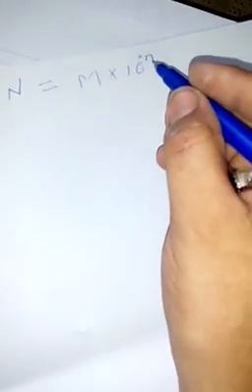In this case, m is the first non-zero digit, while small n is the power of 10, which will be increased.